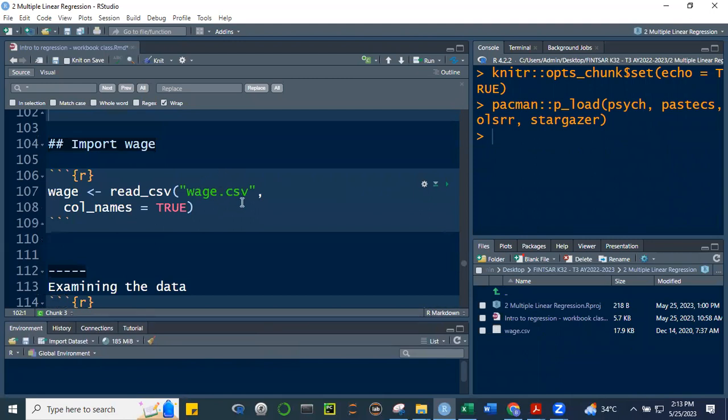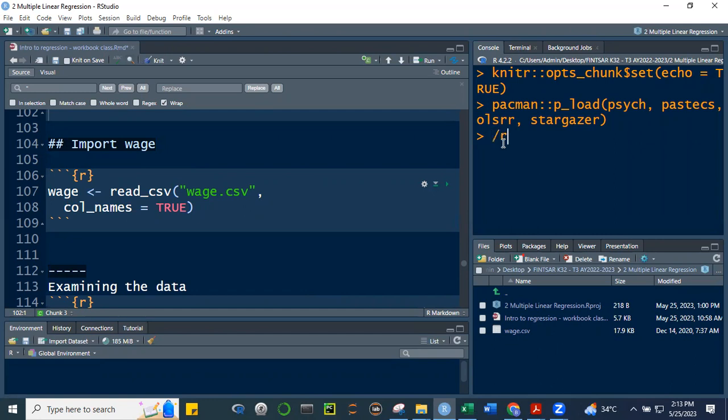Kung asan siya sa computer natin. Nasa C ba siya, anong folder, etc. But take note of this. Simple yung pag-load ng data. read_csv lang. Tapos sinasabi natin dito kung ano yung data na yun. Kasi ang data na yun, wage.csv.